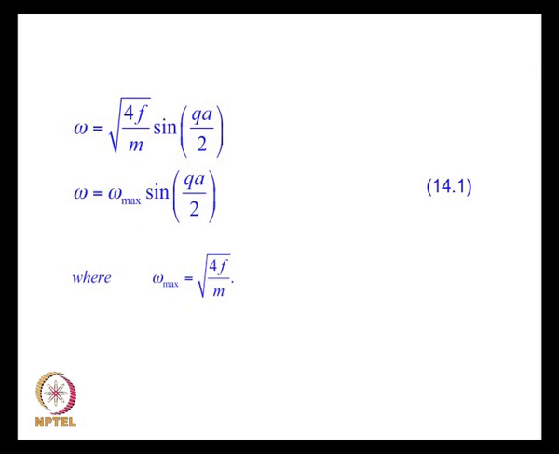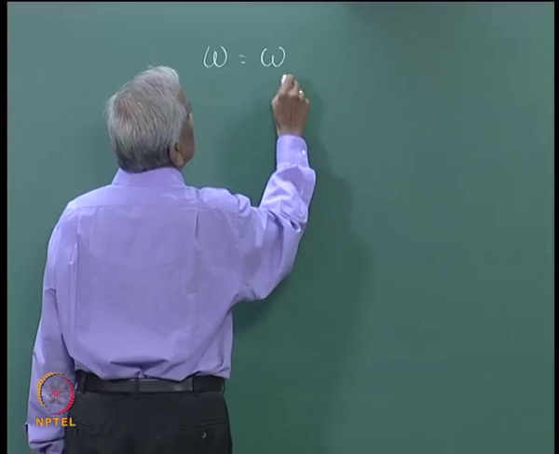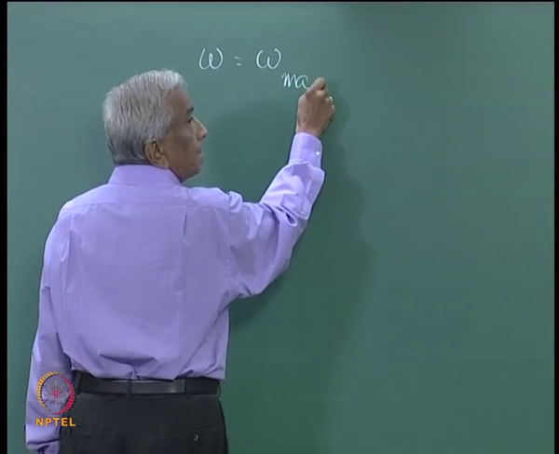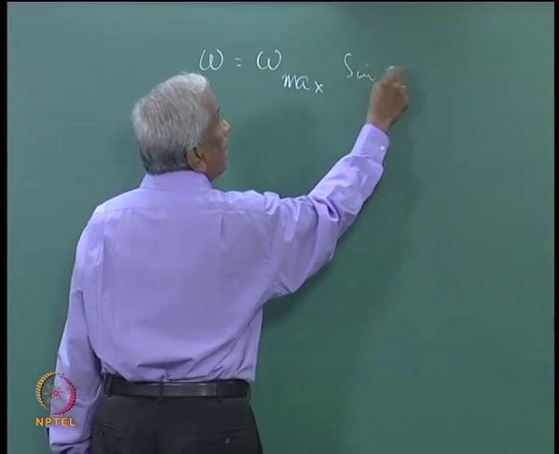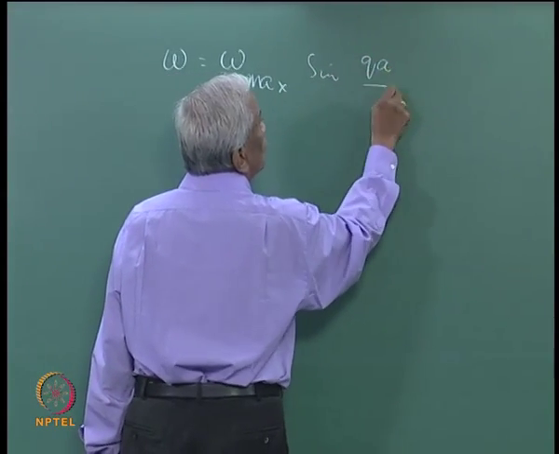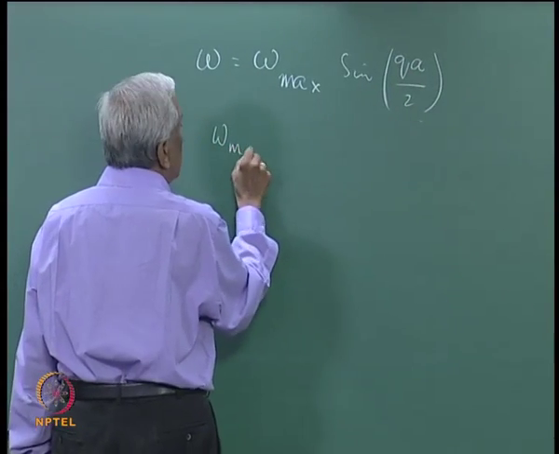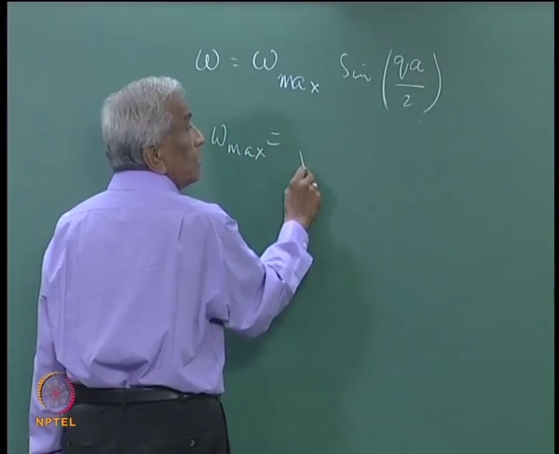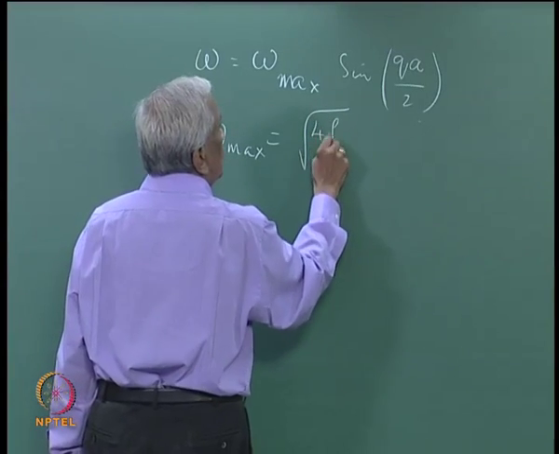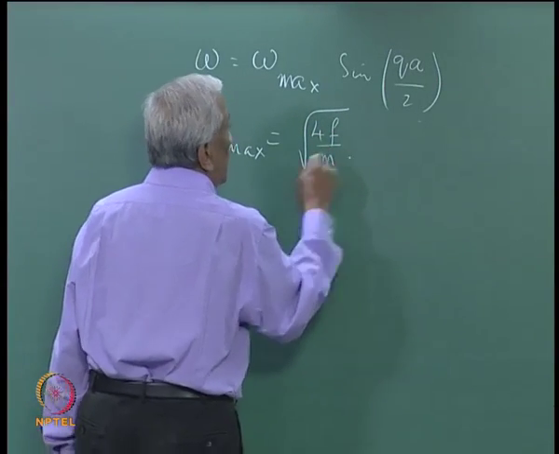We got what is known as the dispersion relation, which has the form omega equals omega max sin(qa/2), where omega max is a maximum angular frequency, which is root of 4F by m.